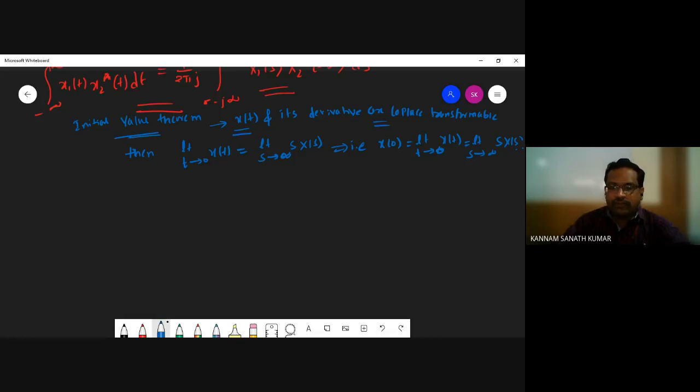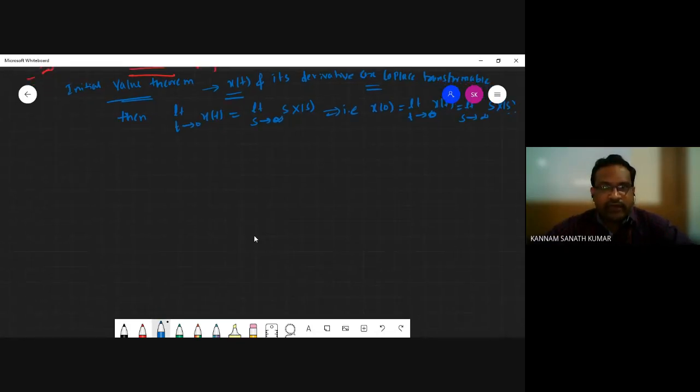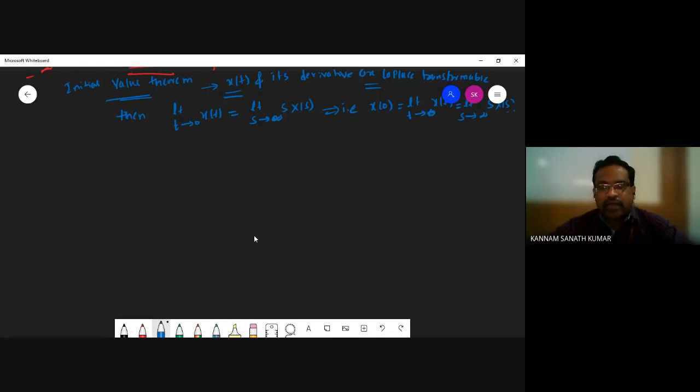So you can write x of 0 equal to limit t tends to 0, x of t, that is equal to limit s tends to infinity, s into x of s. So this is one of the important properties. So when x of t and its derivative are Laplace transformable, then x of 0 equals limit t tends to 0, x of t, which equals limit s tends to infinity, s into x of s. Okay, so now you need to prove this one.